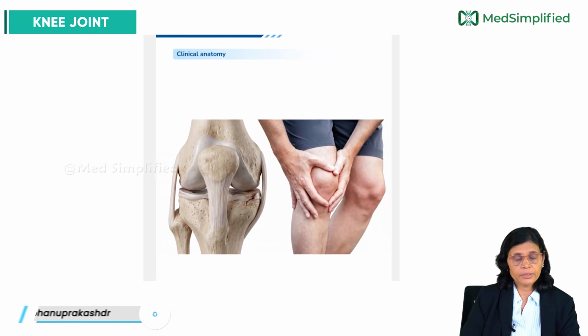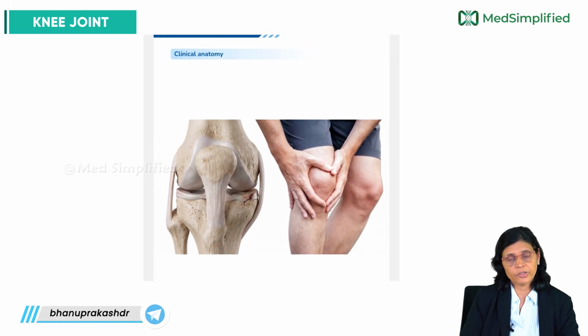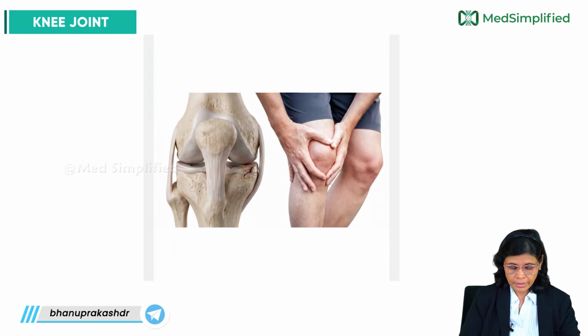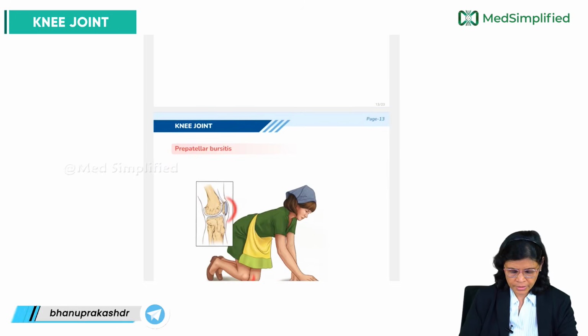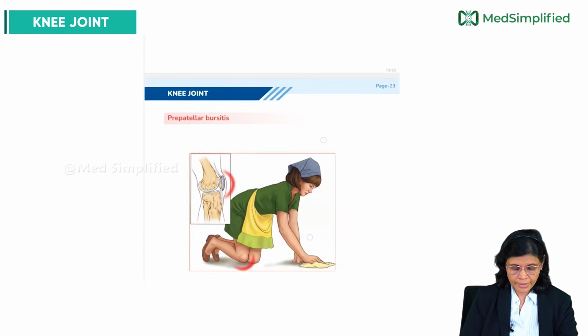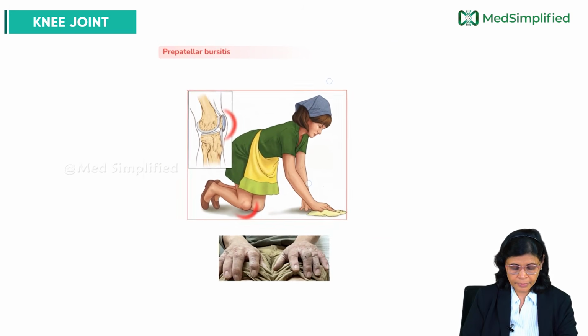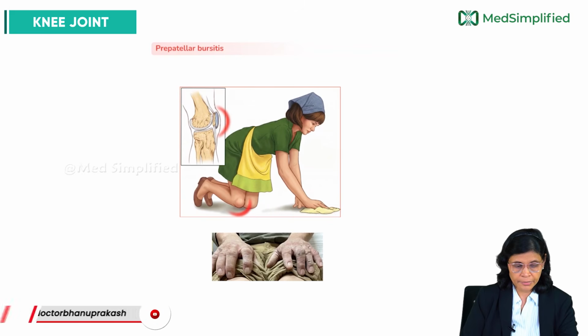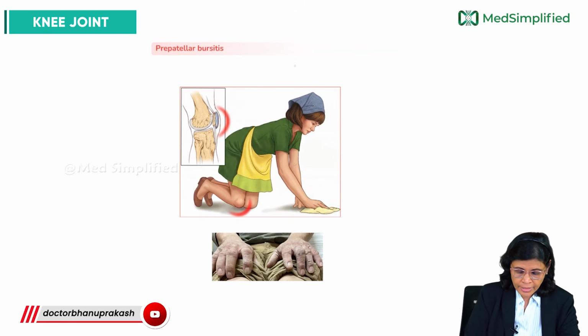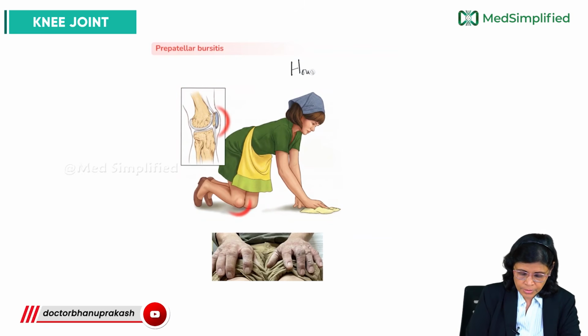Osteoarthritis is very common because it is a weight bearing joint. Osteoarthritis is common in the knee joint, so knee pain is very common. Then we have bursitis. Prepatellar bursitis is also called housemaid's knee.